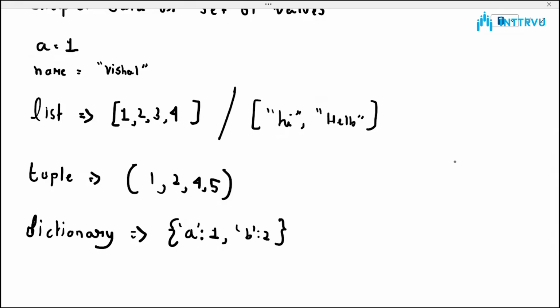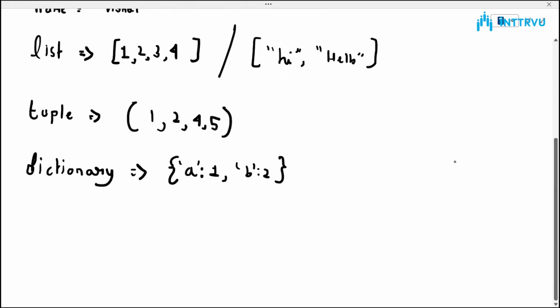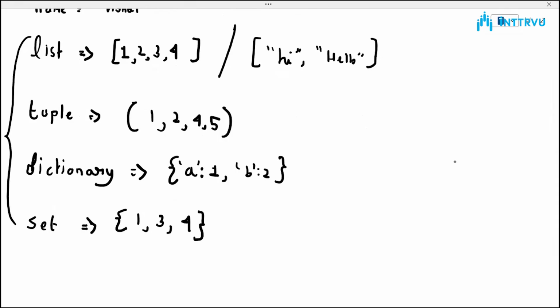You have a set, where again you have curly brackets, but it can only store unique values without any duplicates, right? So these are the inbuilt Python data structures.